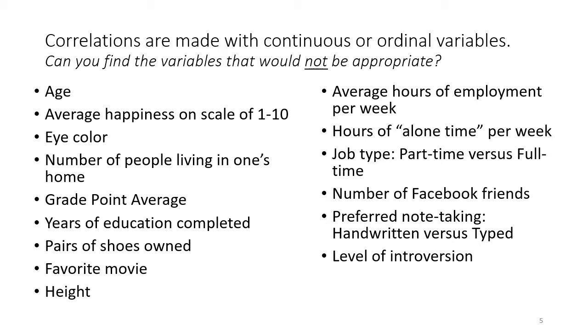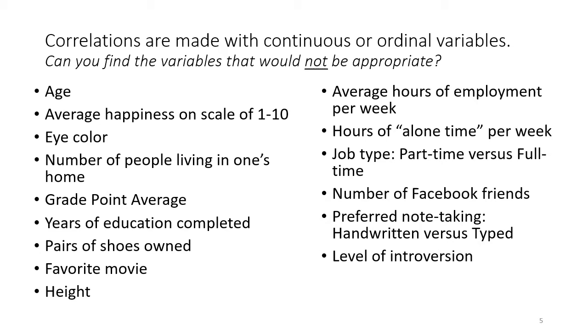Correlations are made with continuous or ordinal variables. So variables that have some sort of sequence attached to them. Either they're continuous, meaning values can be anywhere along a continuum, like age, for example, or they're ordinal, like, even though they look like names, they actually have an appropriate sequence, like year in high school, freshman, sophomore, junior, senior.